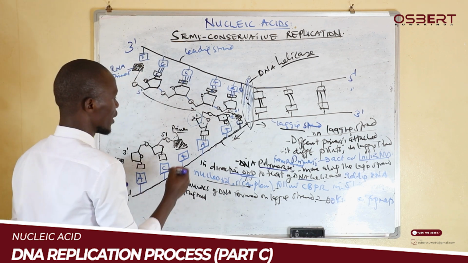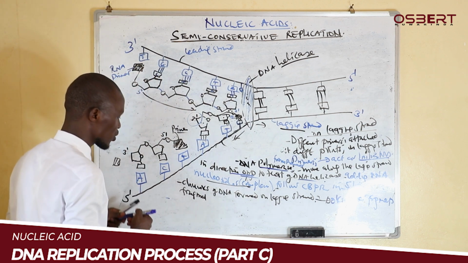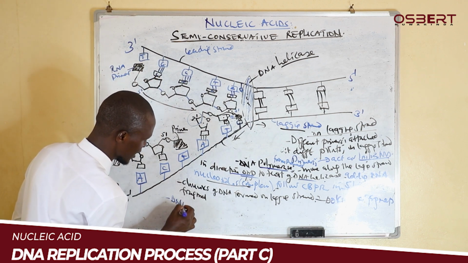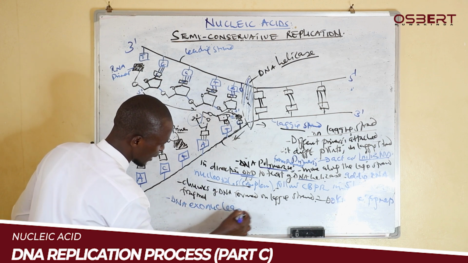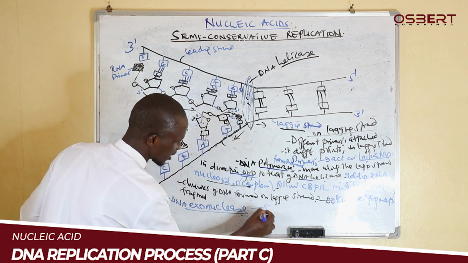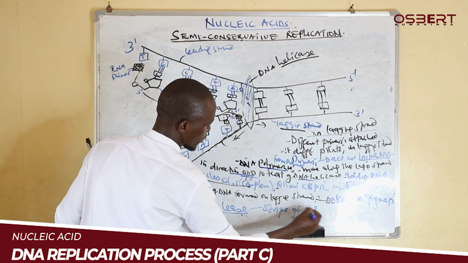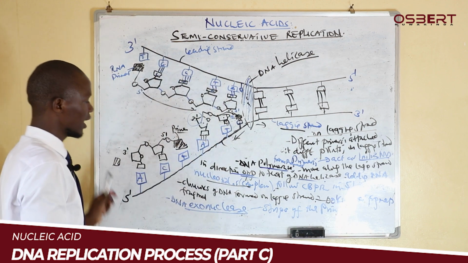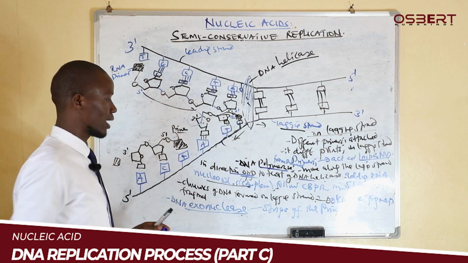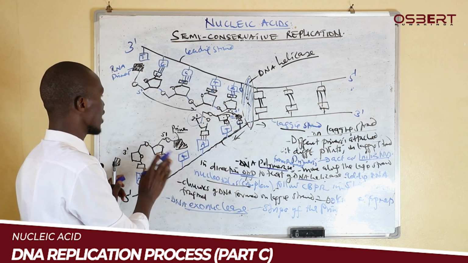Now, after they have been formed, we have another enzyme, which is called DNA exonuclease. This exonuclease enzyme comes and strips off the primers. After it removes all these primers, we ensure that everything is matched.